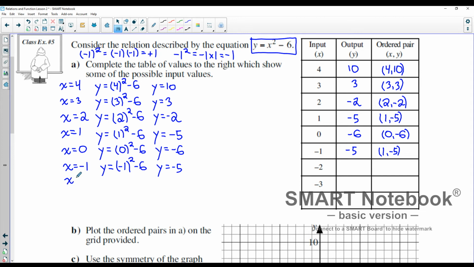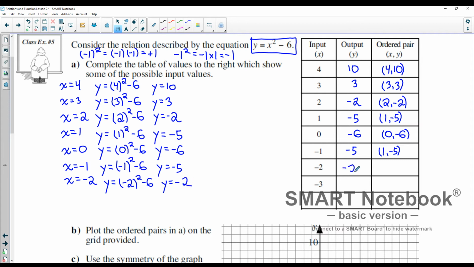And then we have x is equal to negative 2. And then we'd have y is equal to negative 2 squared minus 6. So y would then be equal to, so negative 2 times negative 2 is positive 4. Subtract 6 would be negative 2.